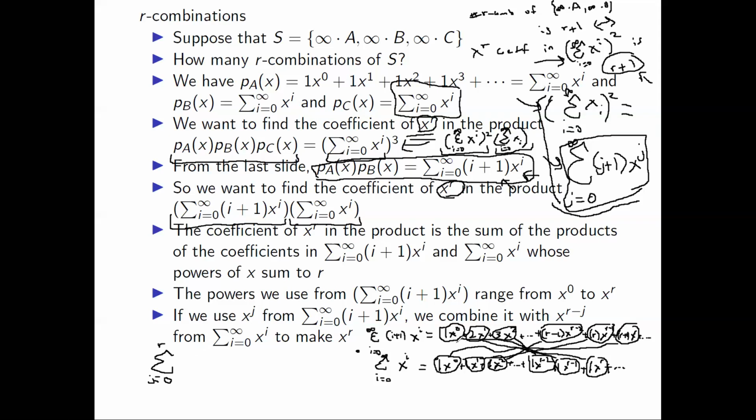So we can look at, for j equals 0 in this top sum, when I had a 1x to the 0, I paired that with a 1x to the r down here. J equals 1, I had a 2x to the 1. I paired that with a 1 on the bottom. So when I multiply them together, I'm getting the coefficient from the top times a 1 from the bottom.